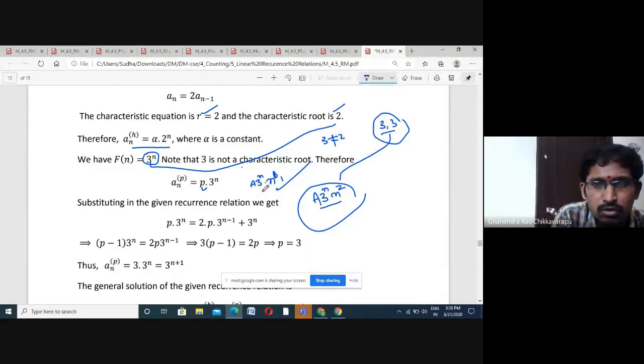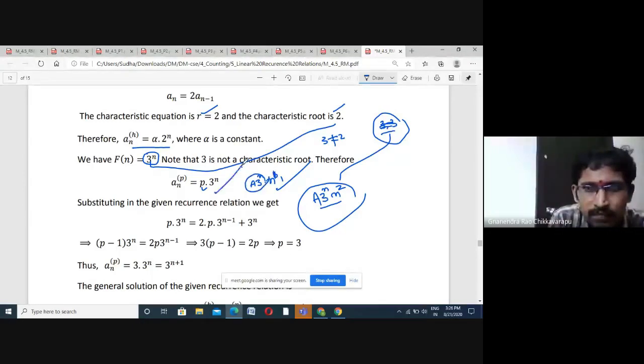So you need to increase the power to 2, because 3 appeared twice, so you take n^2. In the absence of 3 as a root here, you need to write a constant times 3^n only.